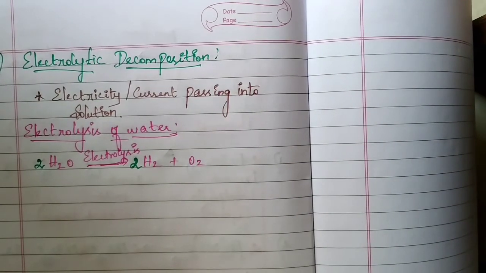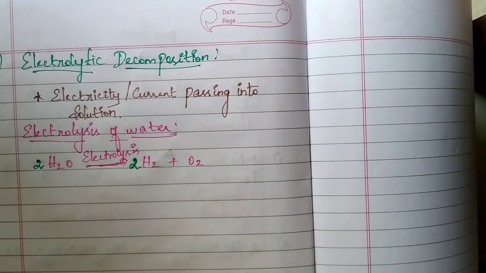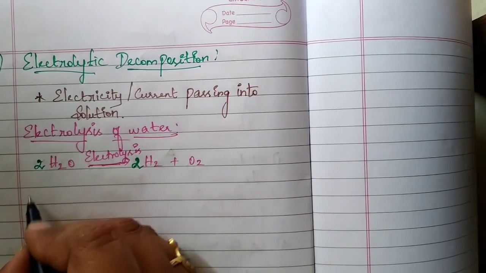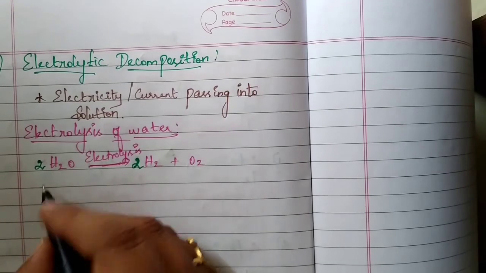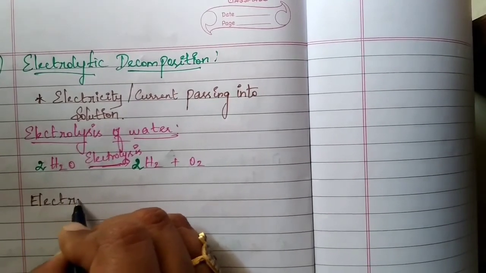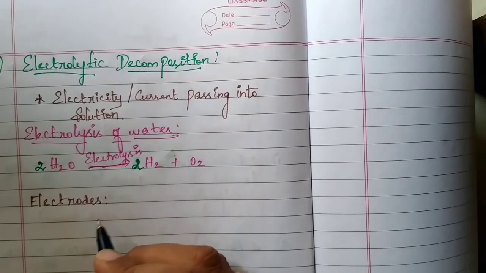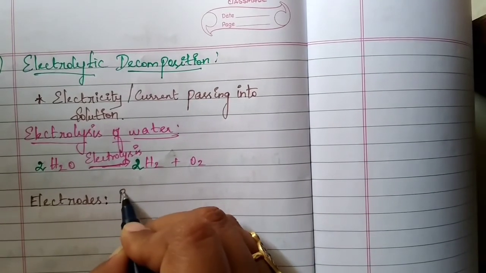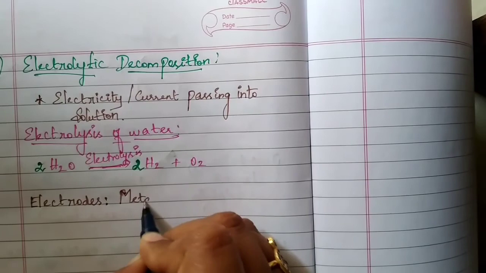Here, a very important question is based on this electrolysis of water. This reaction happens with the help of electrodes. So what is an electrode? It is a metal rod.